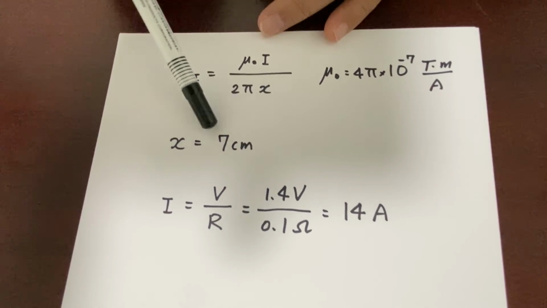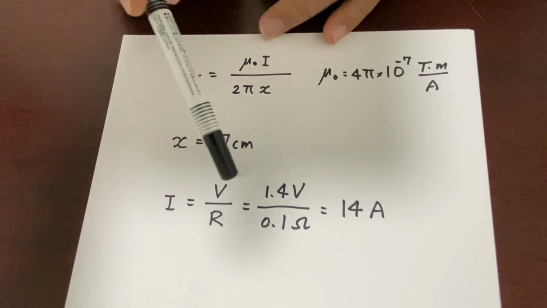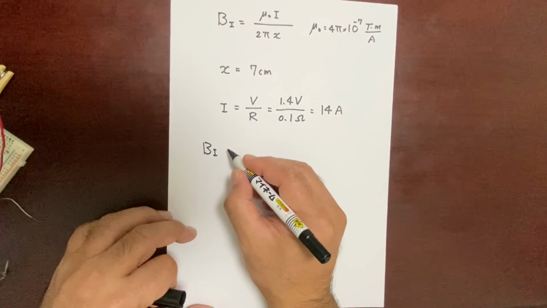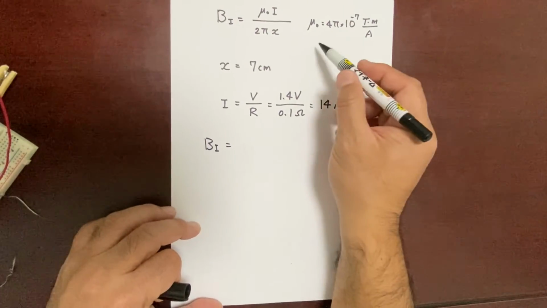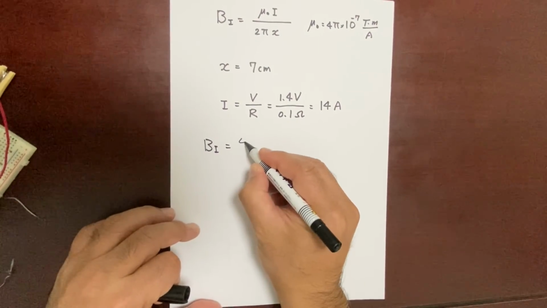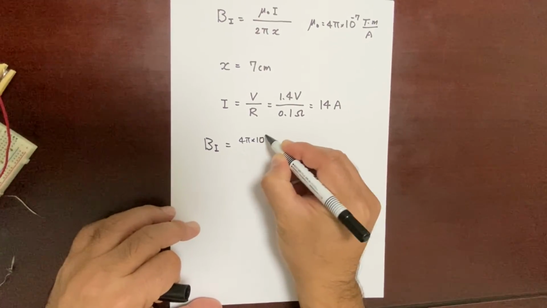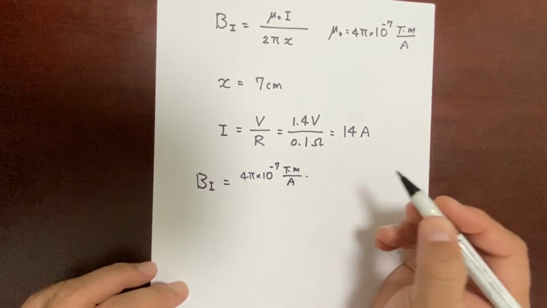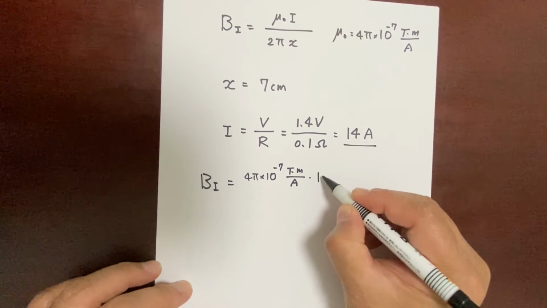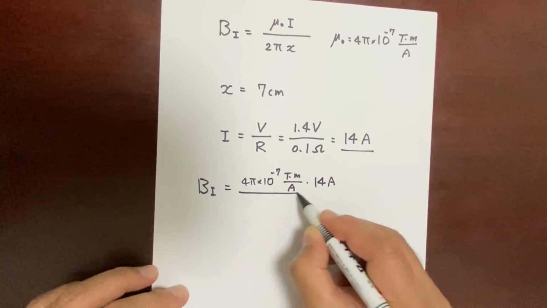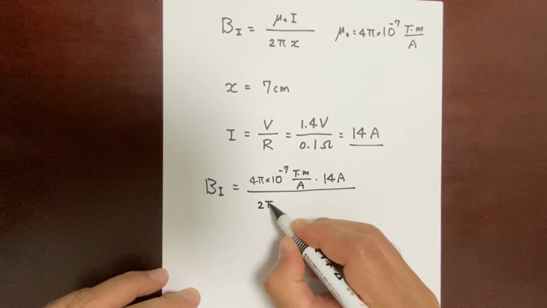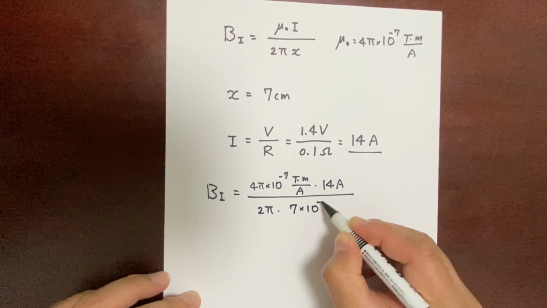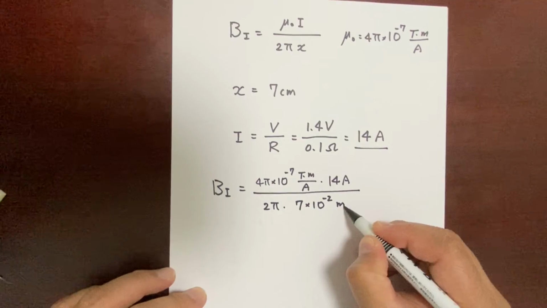Then you can substitute x here, and the current of 14 amperes here. So we could calculate B sub I equal to mu sub 0, which is 4 pi times 10 to the minus 7 Tesla meter per ampere, times I, 14 amperes, divided by 2 pi times 7 centimeters, which is 7 times 10 to the minus 2 meters.